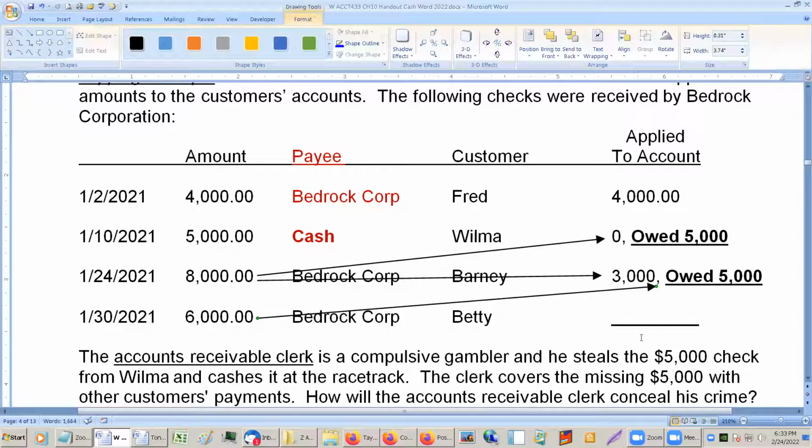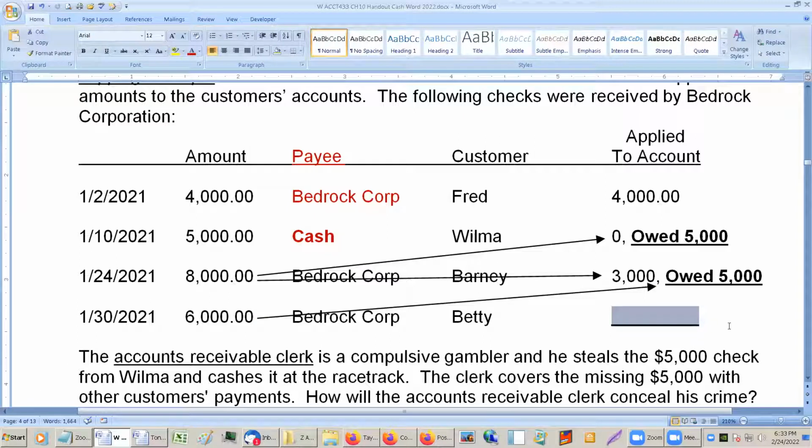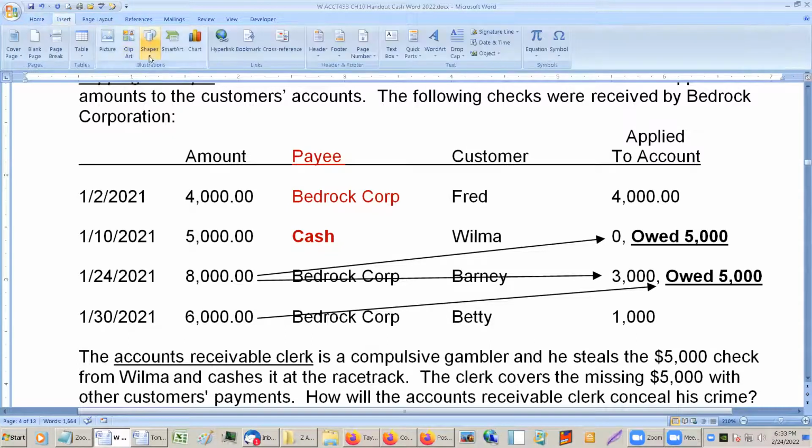Now we got Barney off our back. And Betty gets the other, what, 1,000? Added to her account. So now we got Betty on our back, but you'll notice that Betty is near the end of the month.